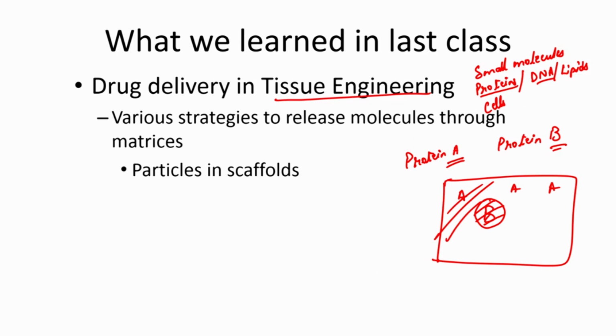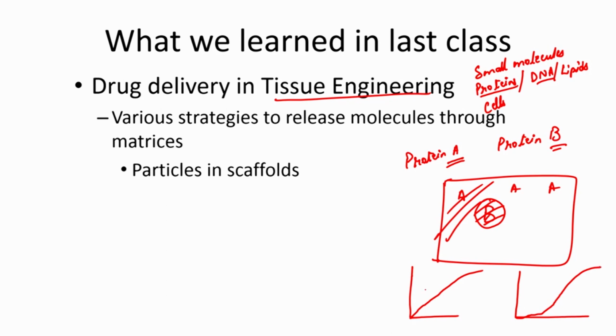So, this way you can tune it, so that if I plot release rate from the time of implantation, maybe A will come out at a certain rate, whereas B will be very minimal at the start, and only when a certain amount of polymer is degraded will it come out.